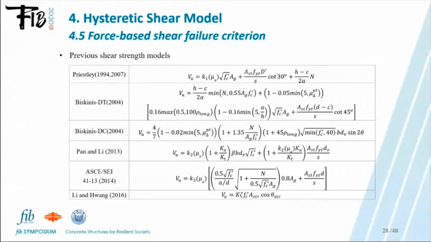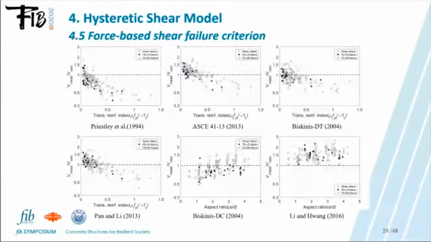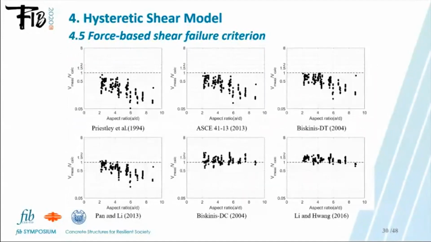Five representative shear strength models were selected here to evaluate their accuracy. It was found that the models could provide accurate estimates of shear strength when they were applied to columns similar to those used in calibrating each model.